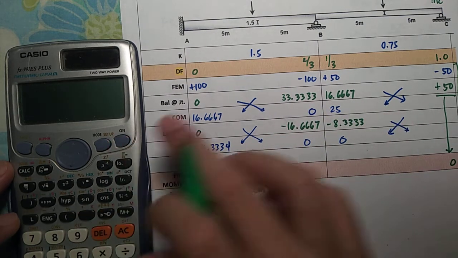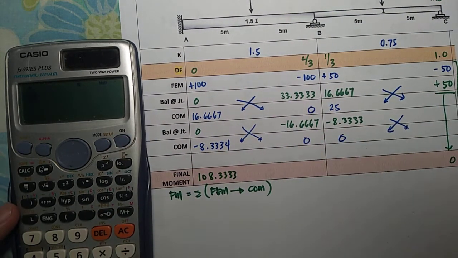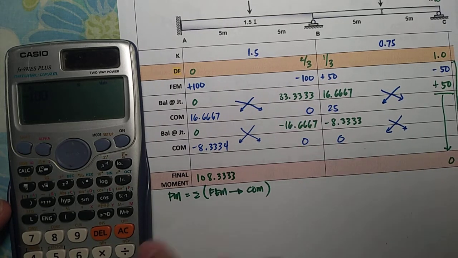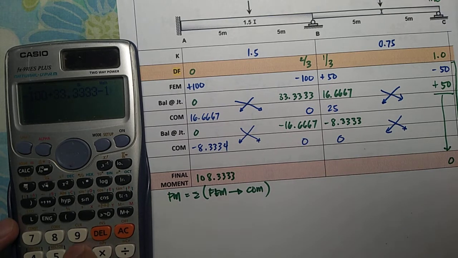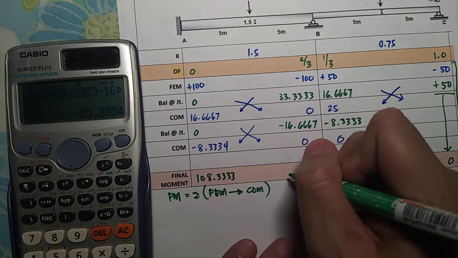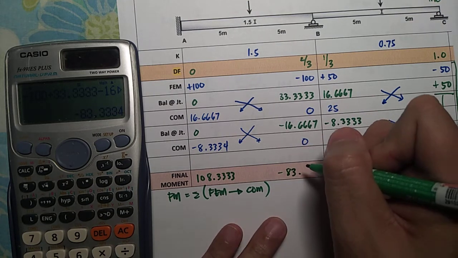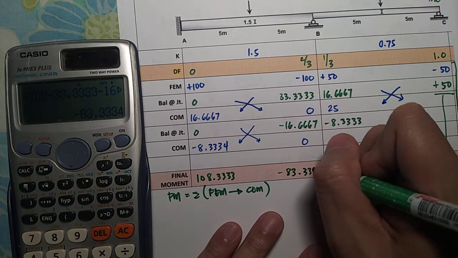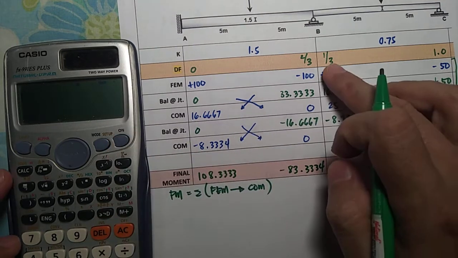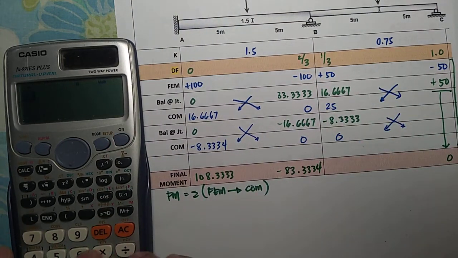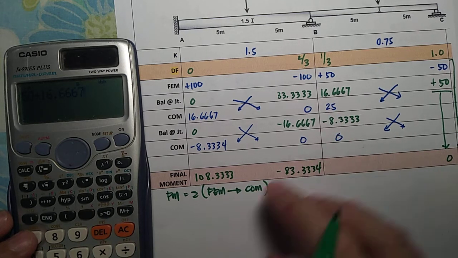Okay? Dito naman, negative 100 plus 33 minus 16.6667. We have negative 83.3334. On this side naman, 50 plus 16 minus 8.